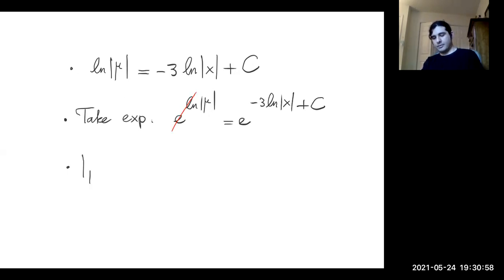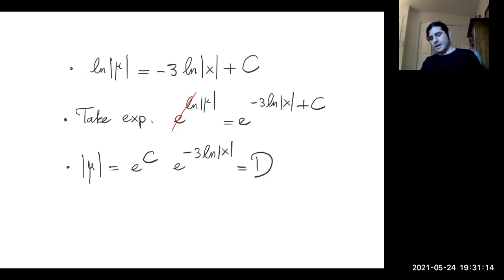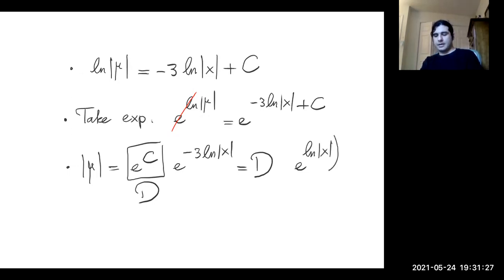Again, ln and e would cancel each other. We would have the absolute value of mu on one side, and on the other side, e to the c times e to the minus 3 ln absolute value of x. Now e to the c is another constant. I would denote that with d. Now here I have e to the minus 3 ln of x. What I can do is say it is equal to e to the ln of x, the whole thing to the power minus 3.